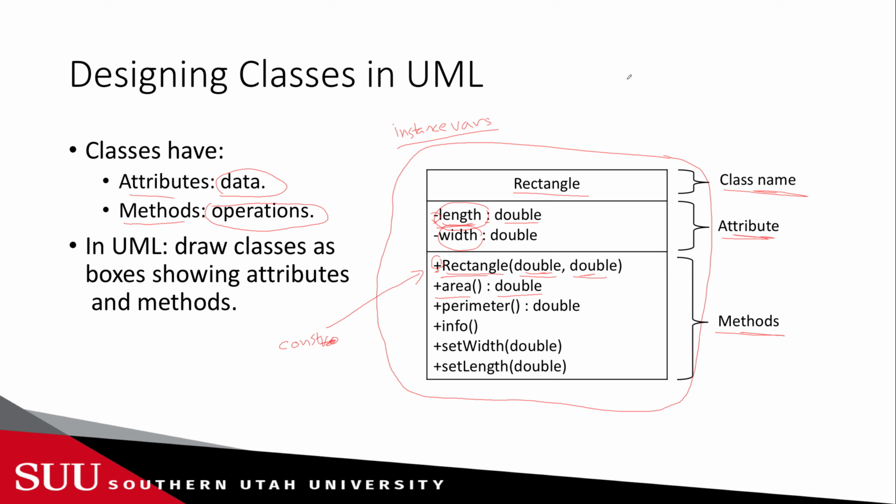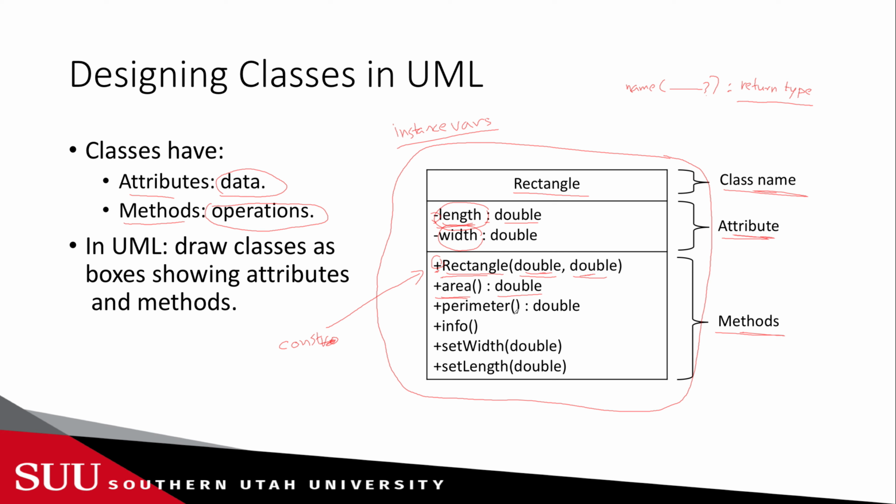So for methods, it's going to be either plus or minus, or we will see later on that we have something like a hashtag. So encapsulation followed by method name, and then we will have arguments, if any, and then I will have return type only if it's not void. So if it's void, I will not include any return type. So this is a method that's called area, doesn't take any arguments, and the return type is double.